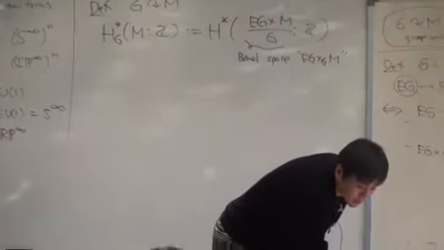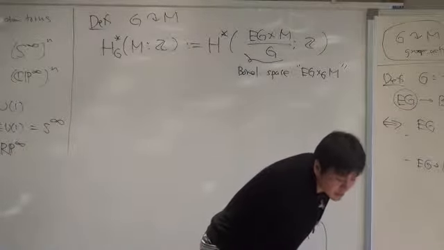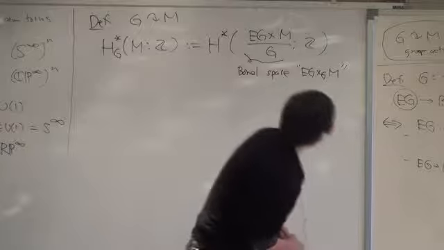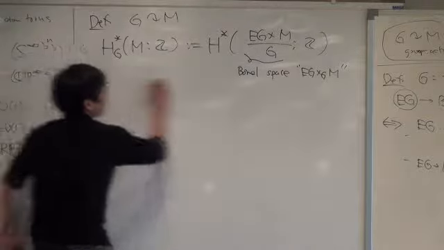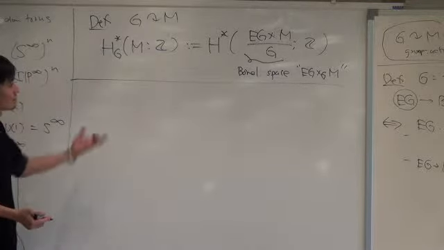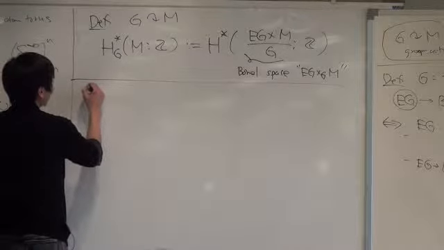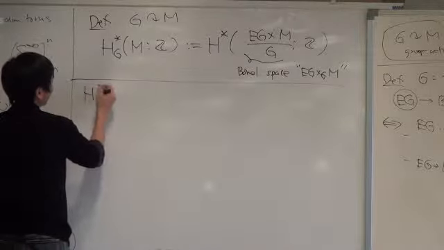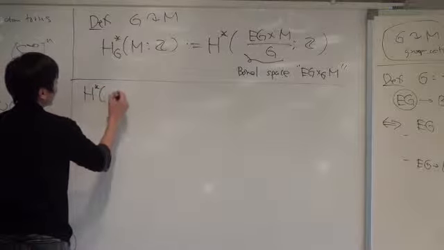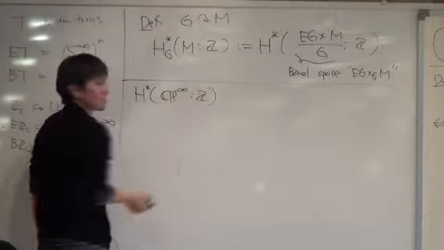Okay. All right, so now we have a definition of equivariant cohomology. And we have to do a little bit of computation of the cohomology of standard spaces. So the typical thing is, what is the cohomology of CP infinity? Yeah.